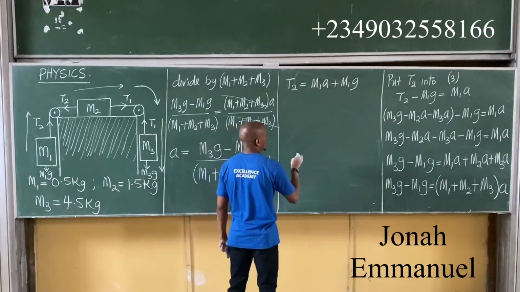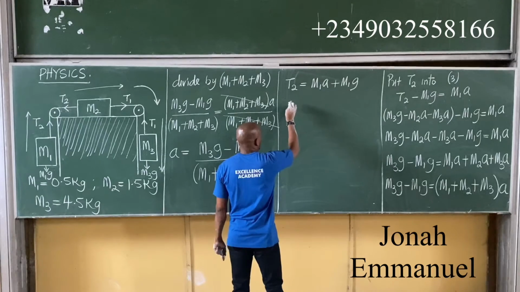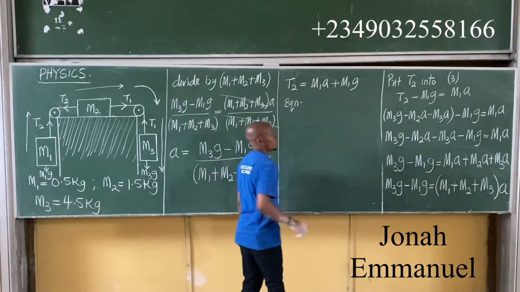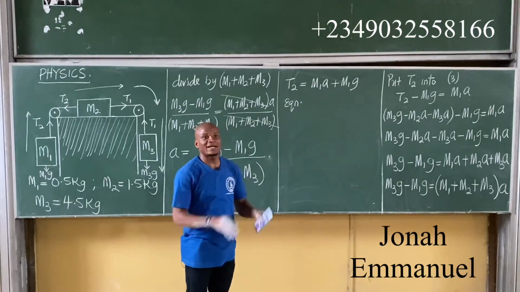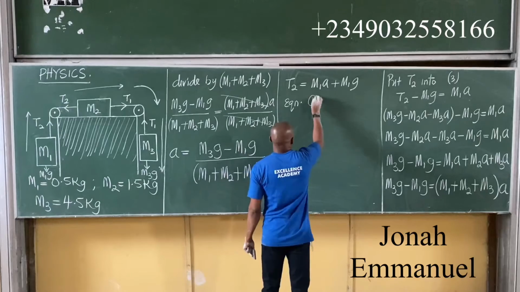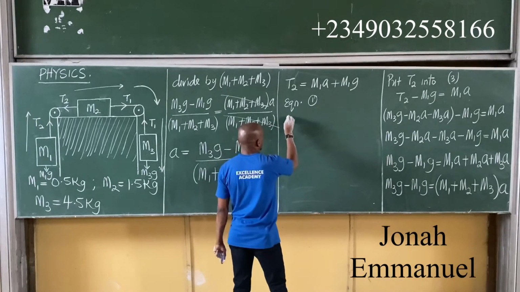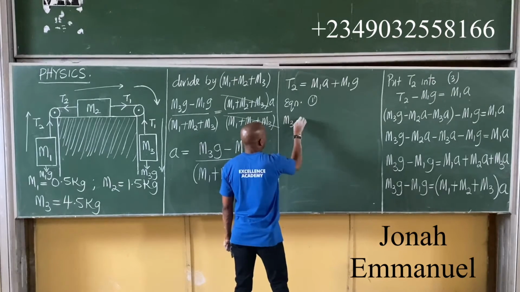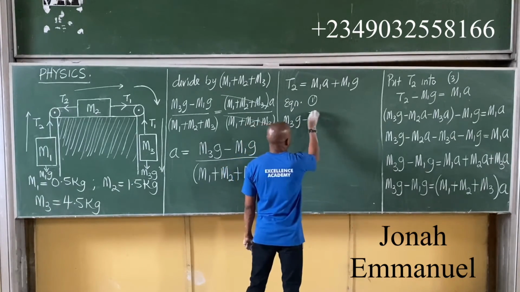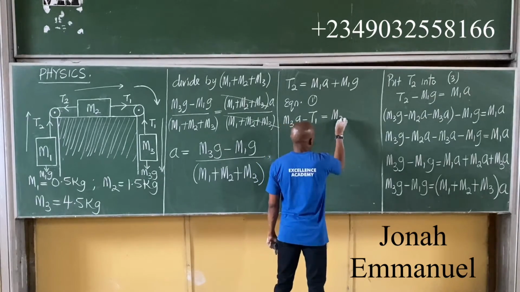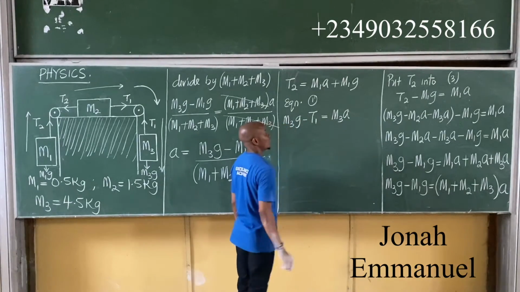Equation 1. Which one has just T1, like has only T1? Equation 1. From 1, what do you have there? M3G minus T1 equals M3A. Let's get T1 here.